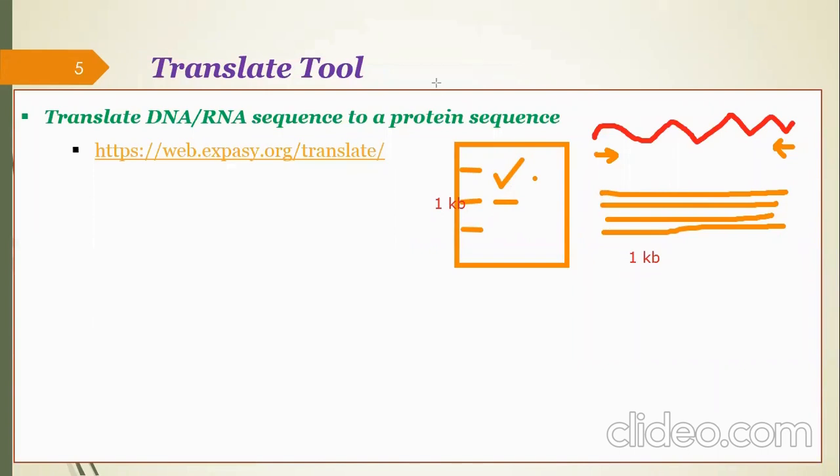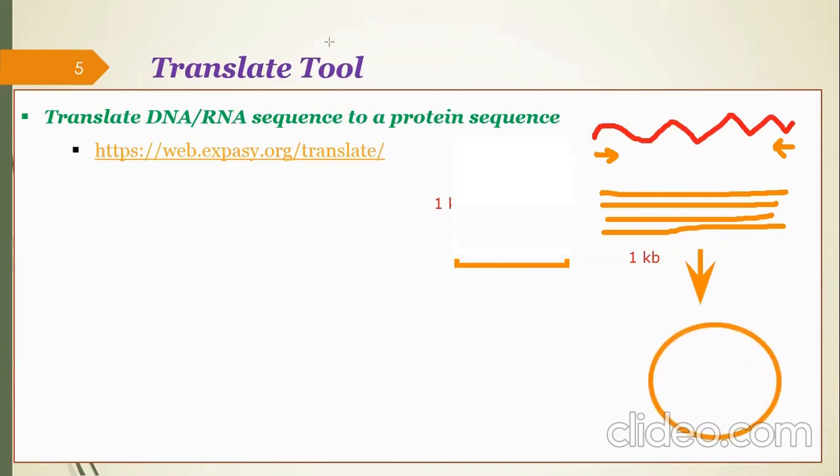We sequence it, and after sequencing, if we need to clone this in some vector, we have a plasmid, and on that plasmid we clone this. Sorry, let me make it different by drawing it.